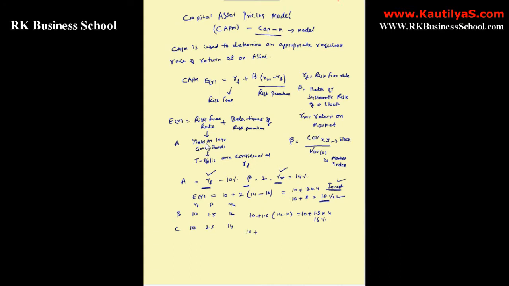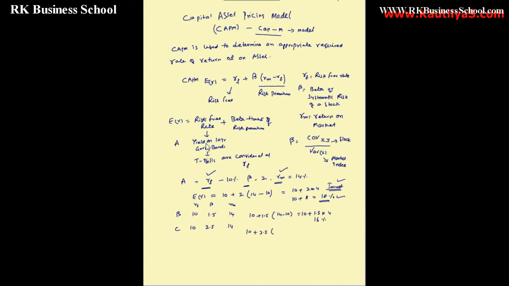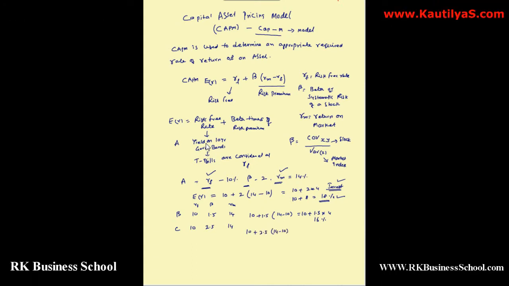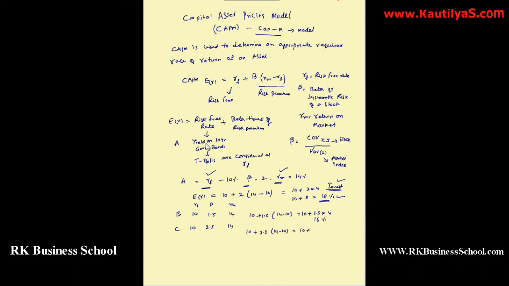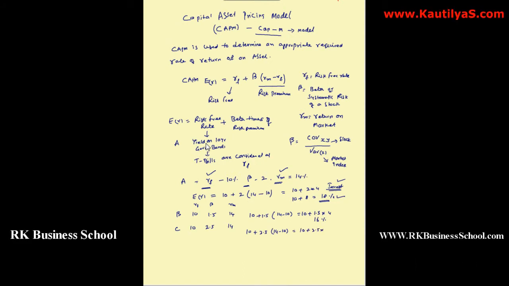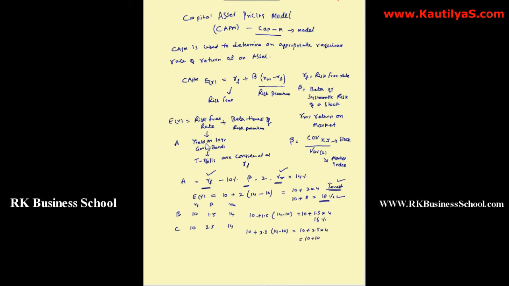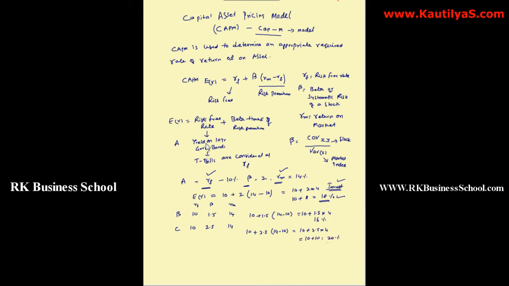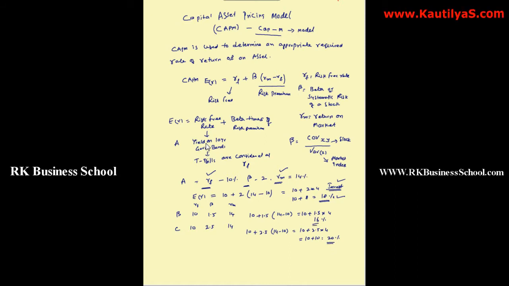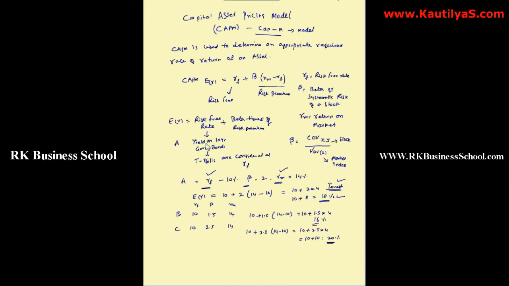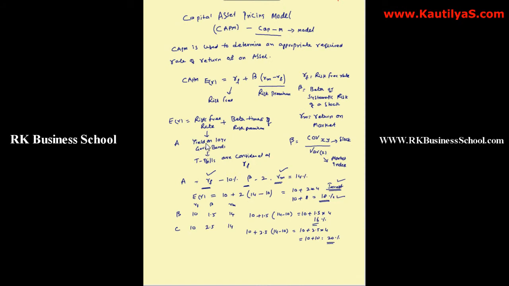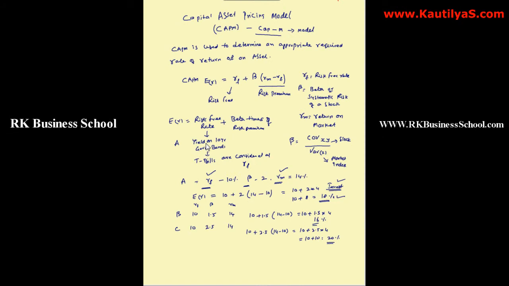Then 10 plus 2.5 into (14 minus 10) equals 10 plus 2.5 into 4, so 10 plus 10 equals 20%. So as the stock beta increases, your expected return is also increasing.